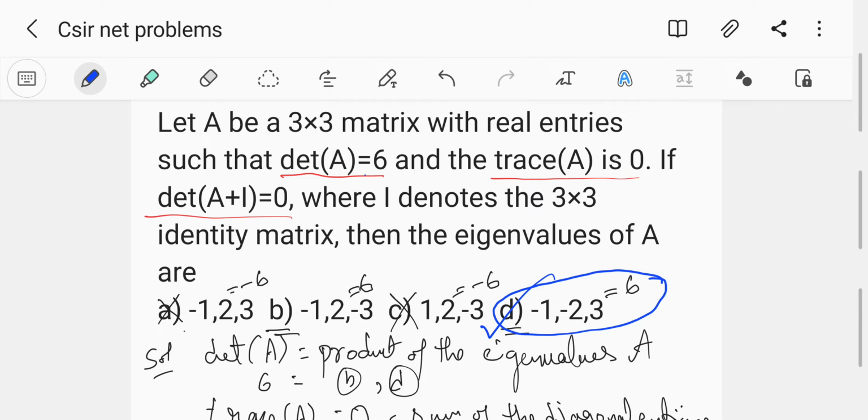If you get 0, then that is satisfied. Again find the determinant of A plus I: to the eigenvalues of A add 1, then multiply them to get the determinant of A plus I. If it is 0, then that particular option satisfies all the conditions, therefore that is the correct solution. So here option D is the correct solution.